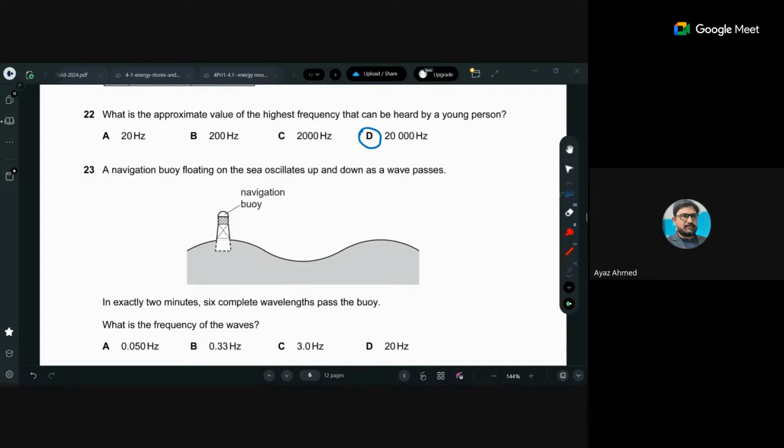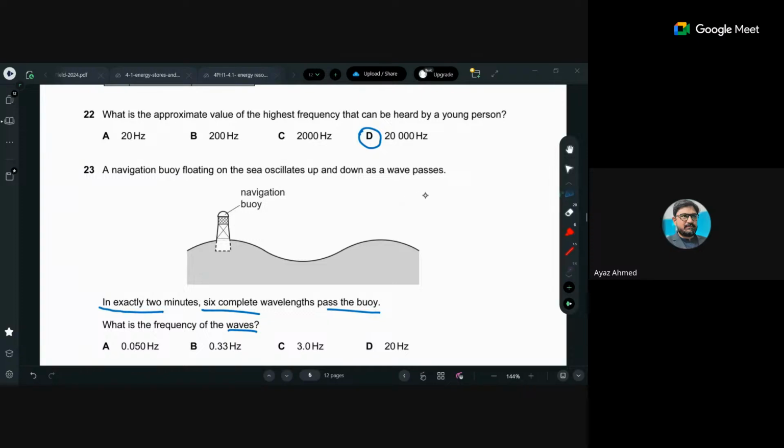Then a navigating buoy floating on the sea oscillates up and down as a wave passes. In exactly 2 minutes, six complete wavelengths have been passed by the buoy. So what is the frequency?